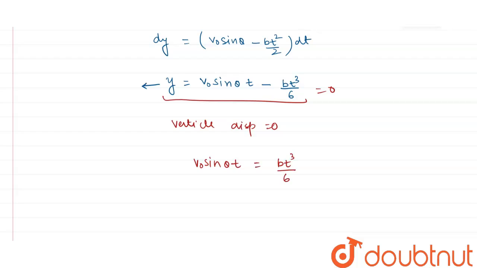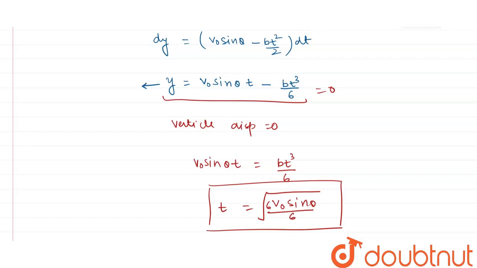From here the value of t comes out to be 6 v naught sin theta upon b. This is the time of flight, that is t equals 6 v naught sin theta upon b. Okay, thank you.